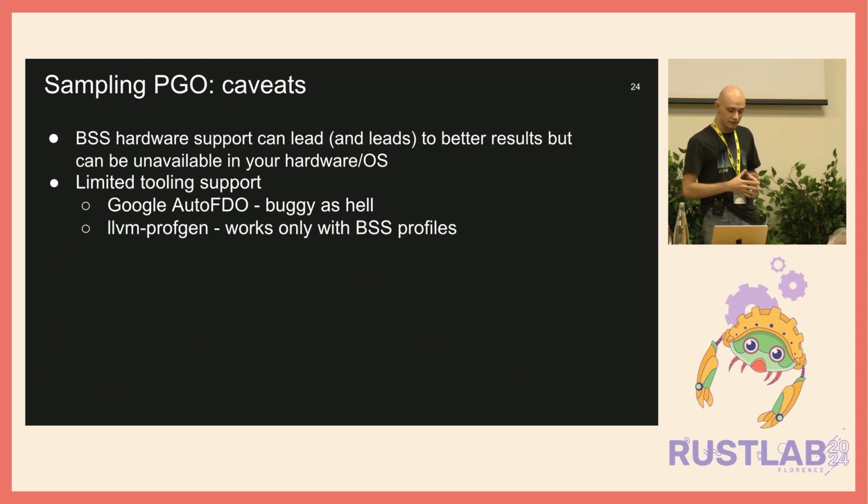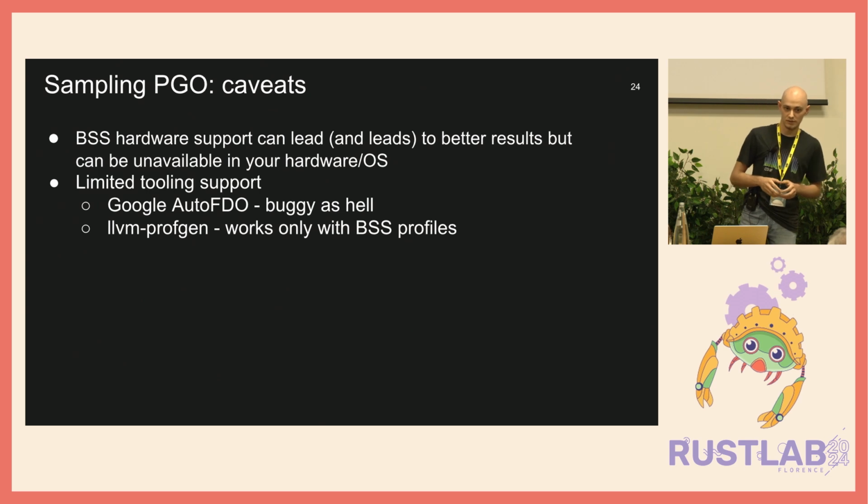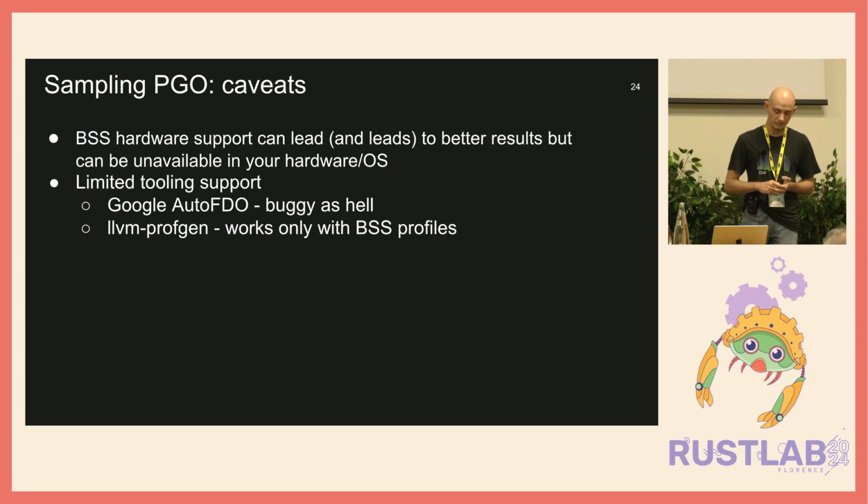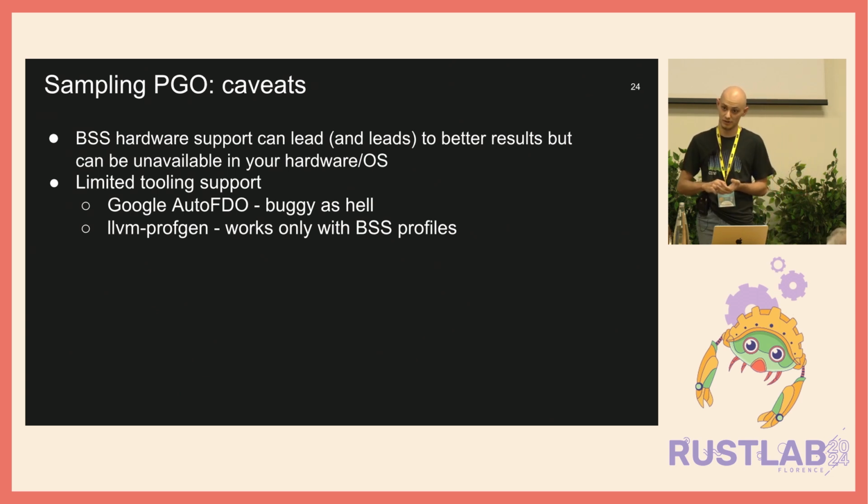There is another tool called LLVM ProfGen. According to the name, it's already in the upstream, so no build issues with LLVM, but there is a limitation that LLVM ProfGen doesn't support sampling PGO profiles without the BRS feature. Google AutoFDO doesn't have such a limitation.